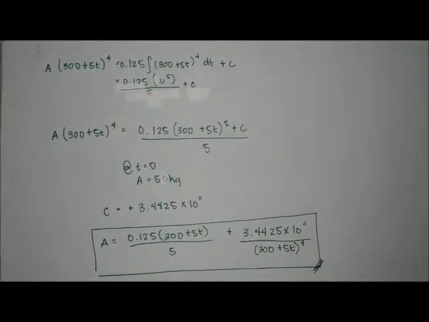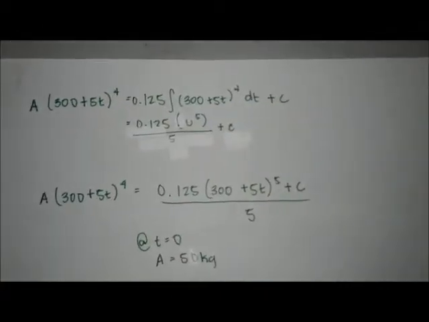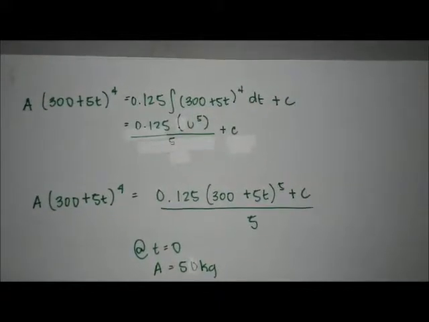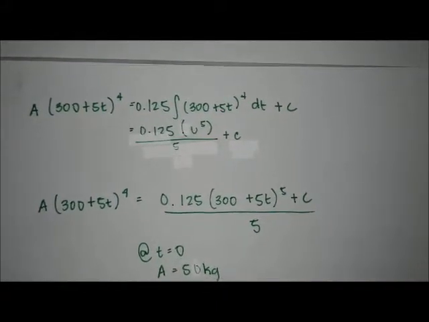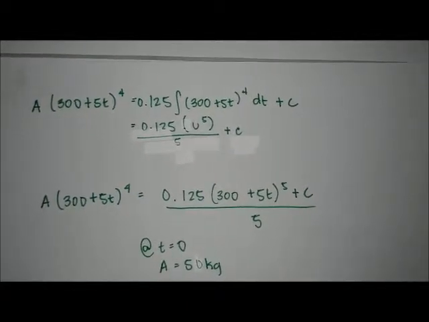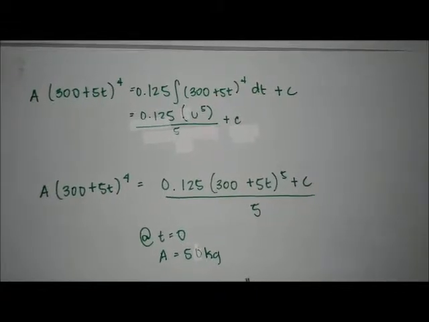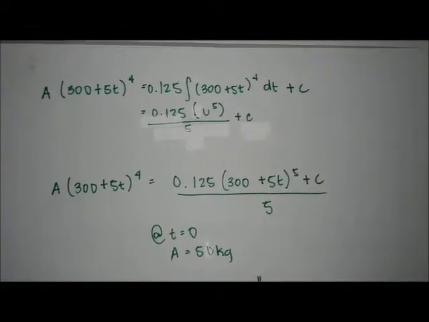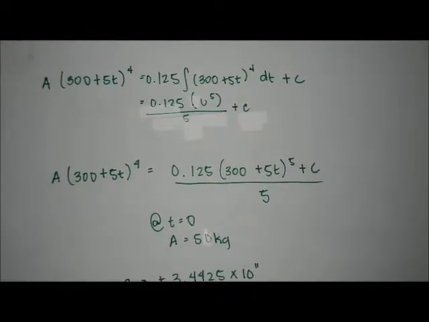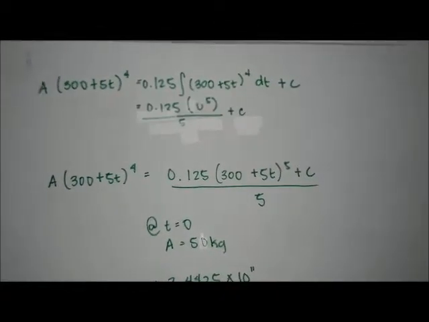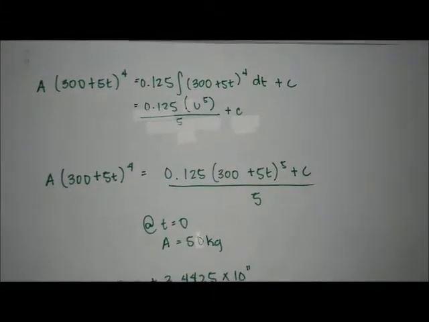So we just plug it in with the earlier formula, which gives us A times 300 plus 5t raised to 4 is equal to 0.125 times the integral of 300 plus 5t raised to 4 dt plus c. So we use the same substitution steps as earlier, which gives us 0.125 times u raised to 5 over 5, which is the integral of u raised to 4.